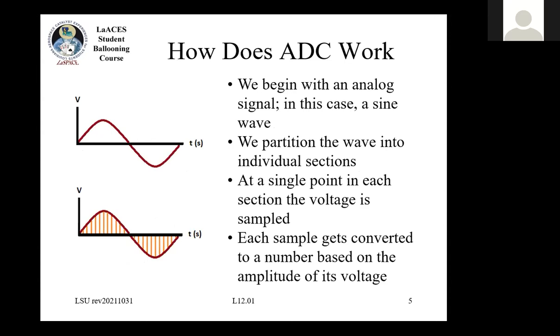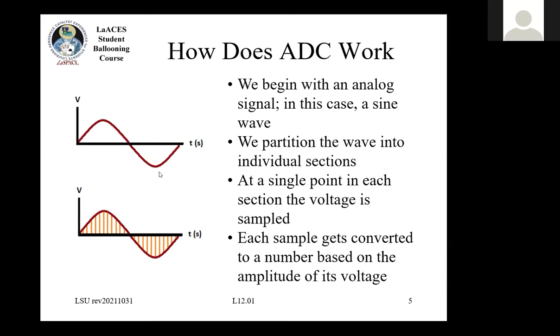So how does this actually occur? If we take just an arbitrary analog signal, and in this case, we've just drawn a cartoon picture of a simple sine wave, at any point in time it could be at some voltage from this max value to this min value.